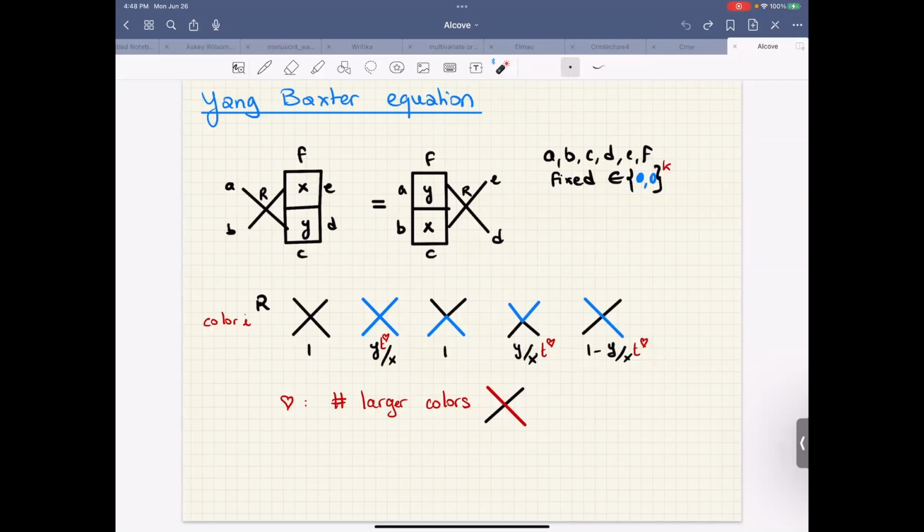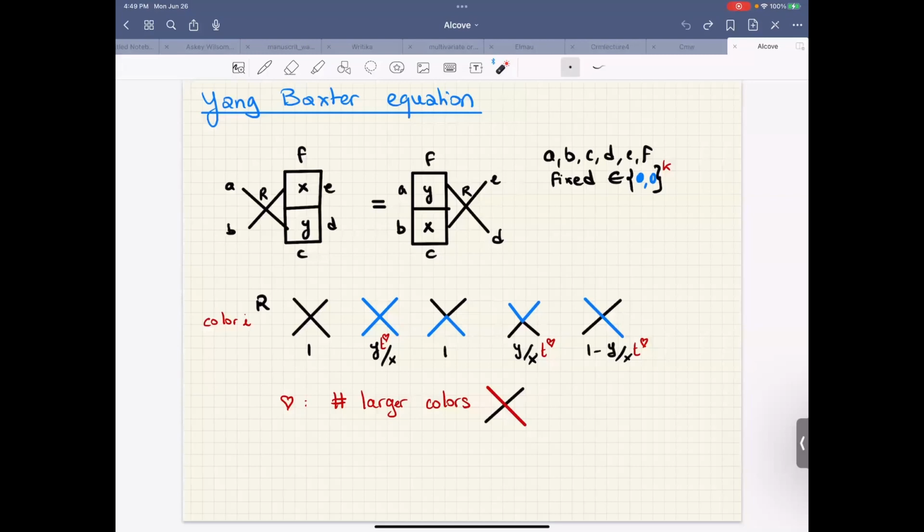So for each vertex of this kind and this kind, we're going to add a power of t, where t is going to count the number of larger colors that are of this type. So each time you count the number of larger colors that went like that in the R matrix, and that gives you your t power.